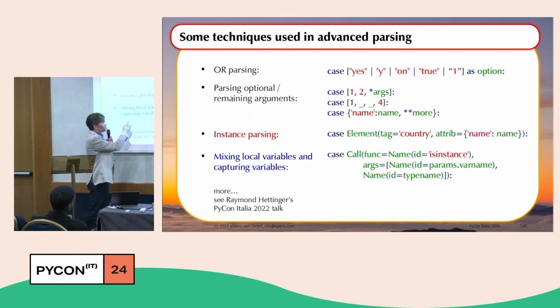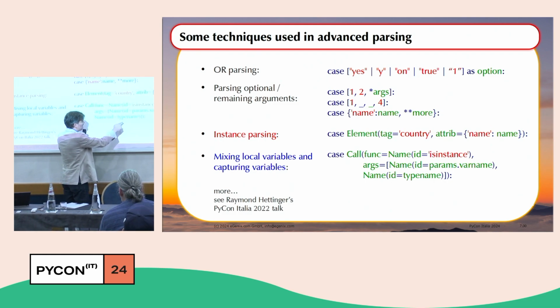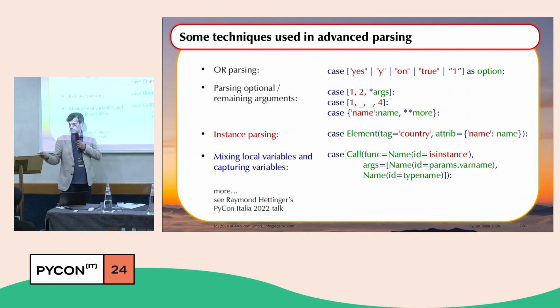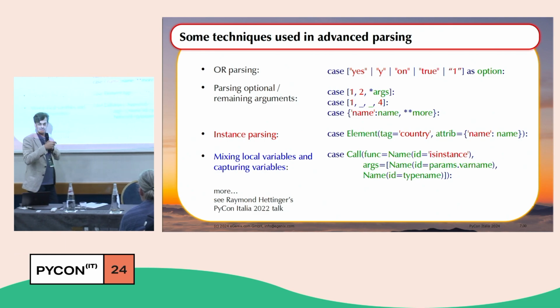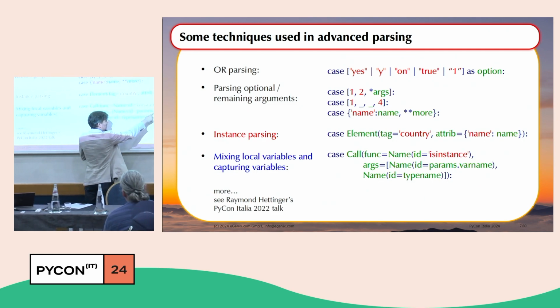You can also put local variables in there. What Siddhartha already mentioned is that anything that looks like a variable, like for example type name in here, is going to be a capturing variable. So whatever the match statement logic matches goes into this variable and gets assigned to the variable. If you want to use a variable that's already defined before your match statement, then you have to put a dot in here.